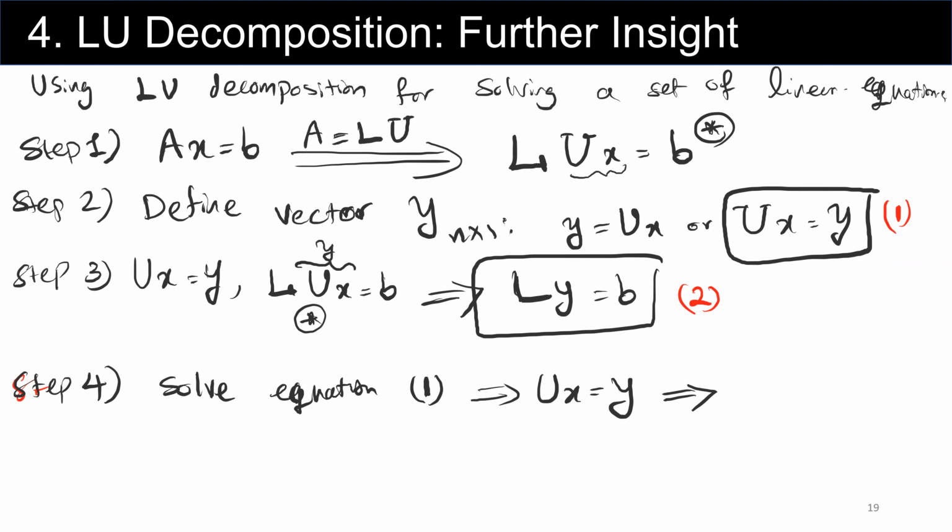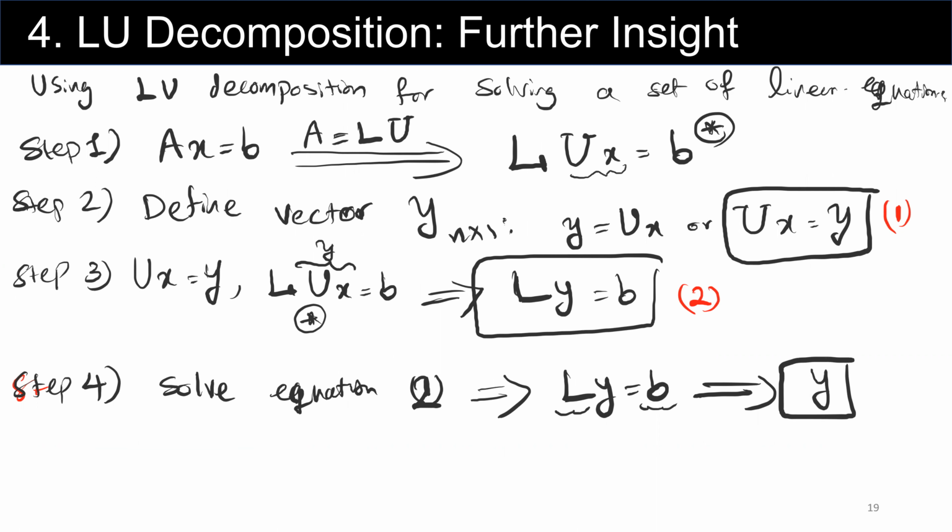First, we solve equation 2, which is L multiplied by Y equal to B. After solving this, we know the value of B, we know the value of L. It gives us Y. Now that we have the value of Y, solve equation 1.